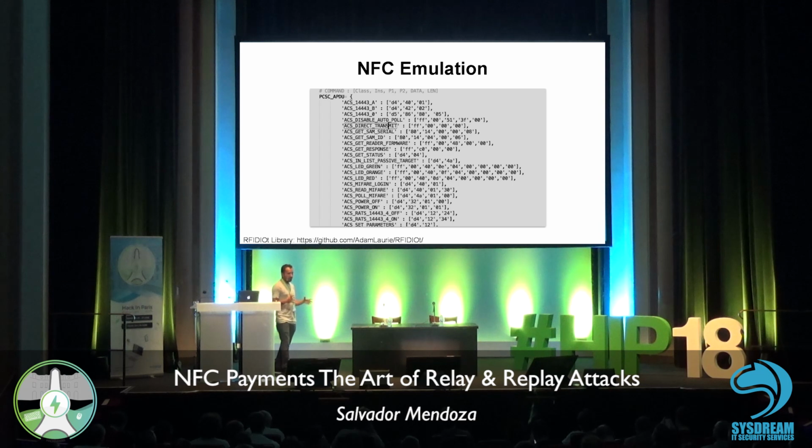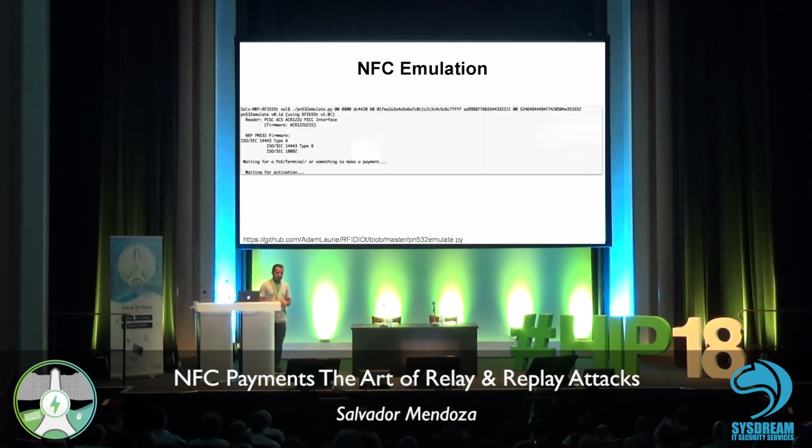There are many different commands to do that, but Adam Laurie designed this library, which basically has all the commands you need to make this simulation very easily. It even has an example of emulation implementing the PN532 using the ACR122U, which is very easy to implement in different applications.